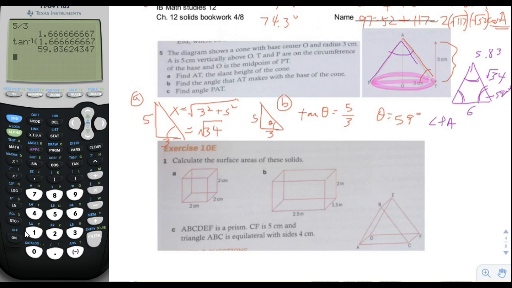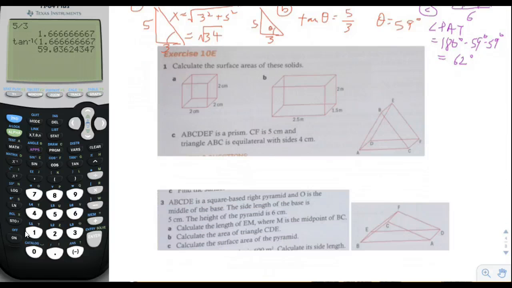The angle PAT would have to be equal to 180 degrees minus 59 degrees minus 59 degrees, right? Because the angles of a triangle add up to 180. So 180 minus 59 minus 59 gives you 62. So the angle PAT would be 62 degrees. That's part C.